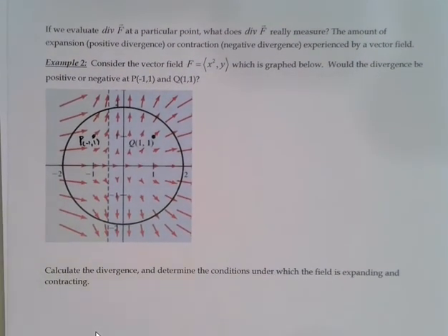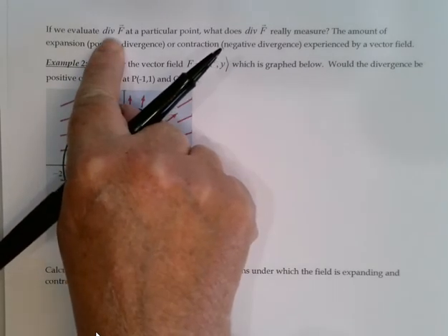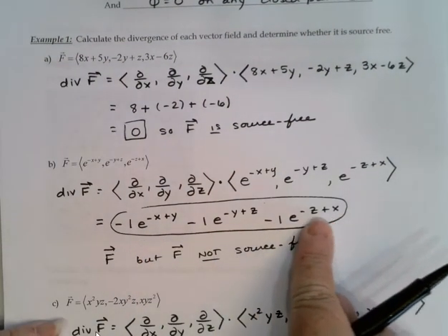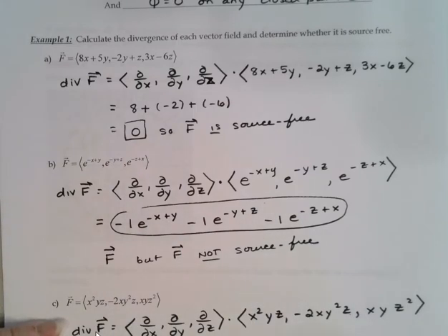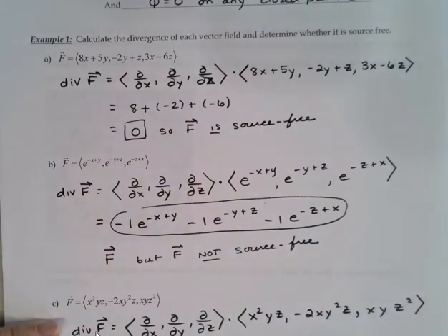So if we evaluate the divergence of f, particularly if it's not just 0, we can actually plug points into it. So for example, when you think about this one that didn't turn out to just be 0, I could have taken a particular point, 1, 1, 1 or something, and plugged in the x, y, and z values, and come up with a value for the divergence of f at that particular point.